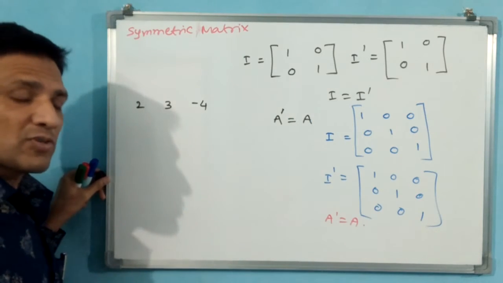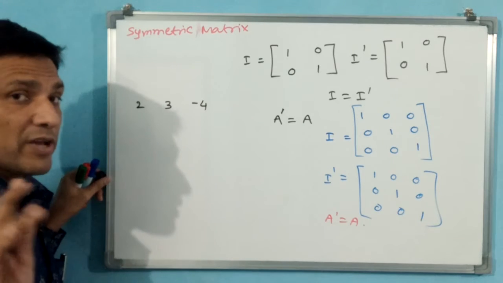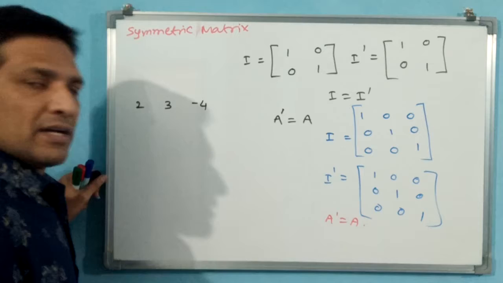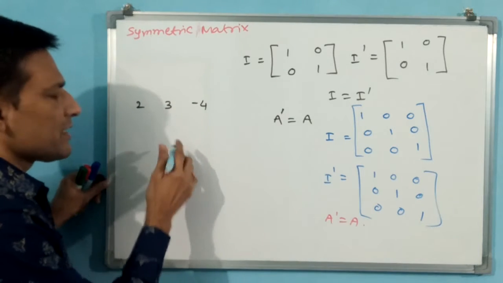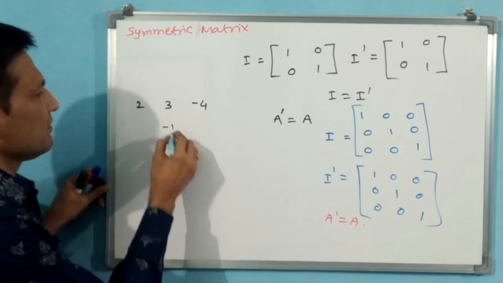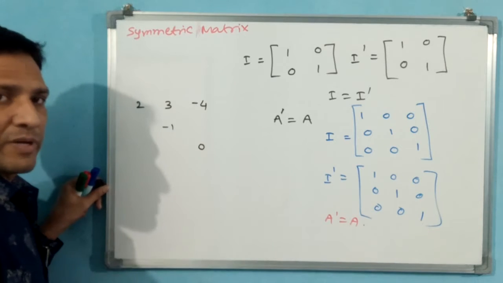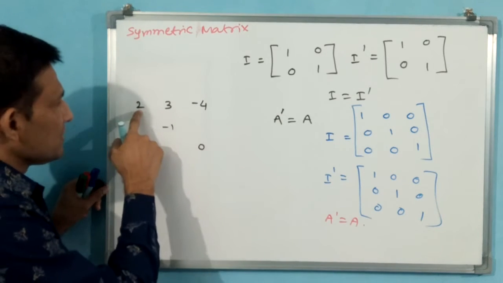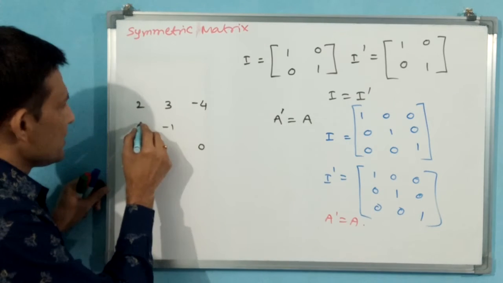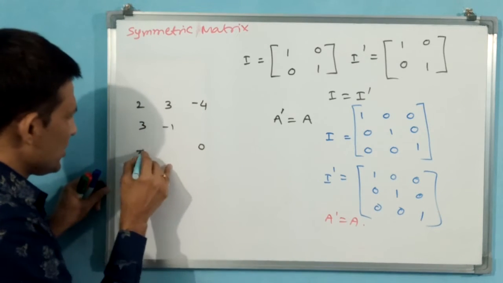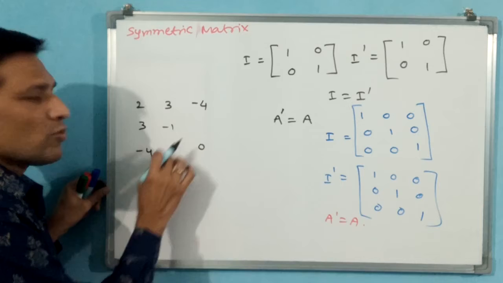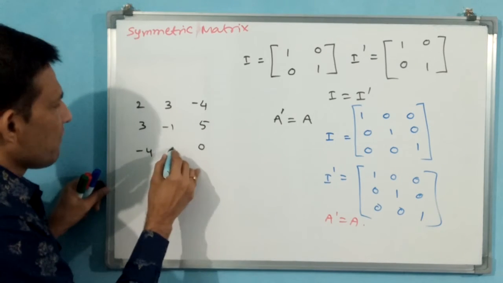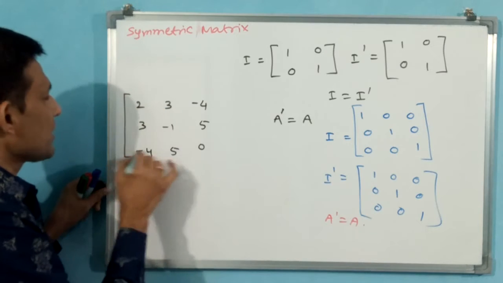After transposing, the diagonal will be the same for a square matrix. But symmetric is a square matrix. That is why I am telling you, on the diagonal you can keep whatever number. You can keep -1, you can keep 0, whatever it may be. These are not going to change. But you see the remaining elements: after 2, here 3 means here 3 you keep. Here -4 means here -4 you keep. Then two are left. The same numbers have to come. Here say 5 means here 5 you keep. Okay. We are constructing here.